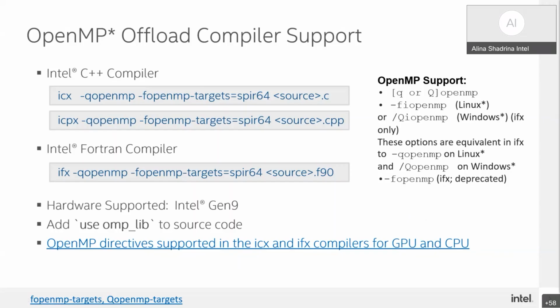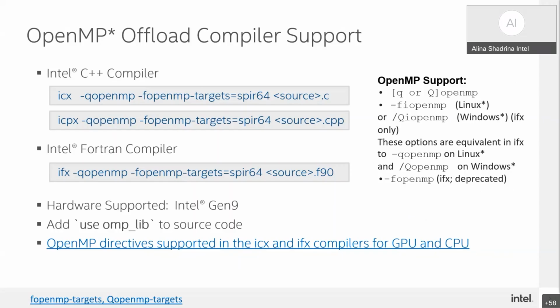Shortly, there are three OpenMP options. It's -Qopenmp, -fiopenmp, and -fopenmp. Personally, I would recommend you to forget about -fopenmp because this is a native Clang option.